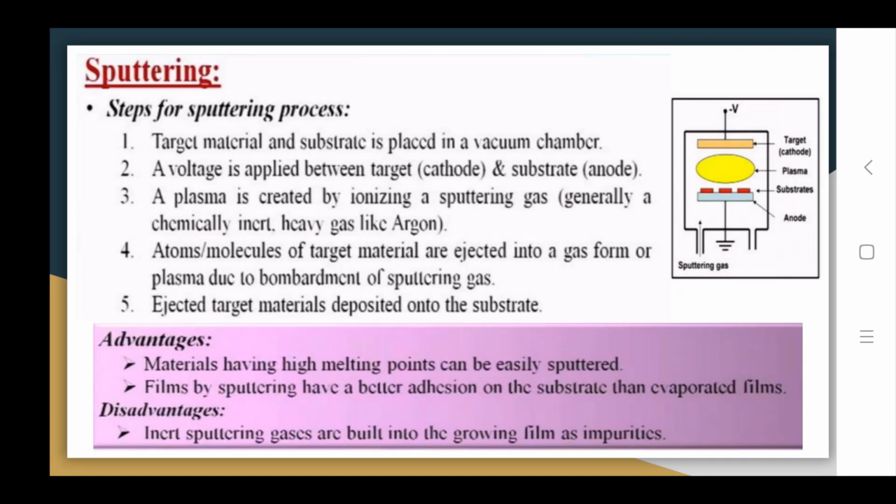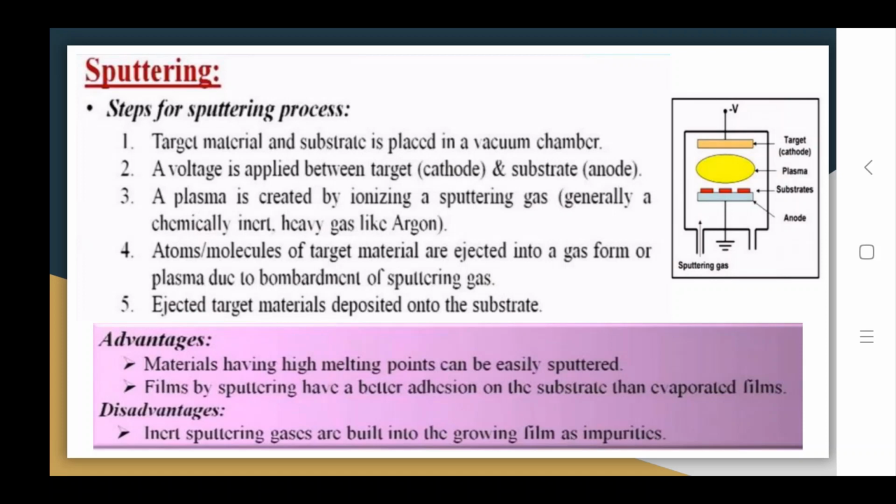So this is your vacuum chamber, as you can see in the figure I have displayed on the slide. Then you put your substrate there, and then you put your target material, or maybe the source material, over there.